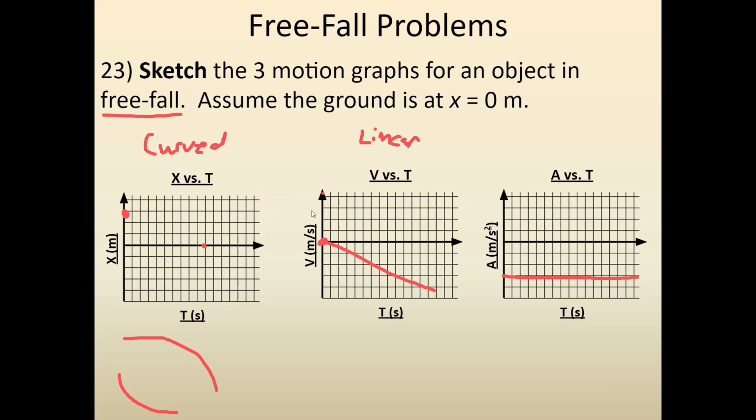Always relate what the graph is doing on the previous one to what the slope is doing on the one you're looking at. So this graph starts at 0, so my slope should start at 0. So it should start off flat, and then as time goes on, it should become steeper and steeper. So my graph should end up looking like this, with a slope that is constantly increasing in the negative direction. So this is what my three graphs would look like.